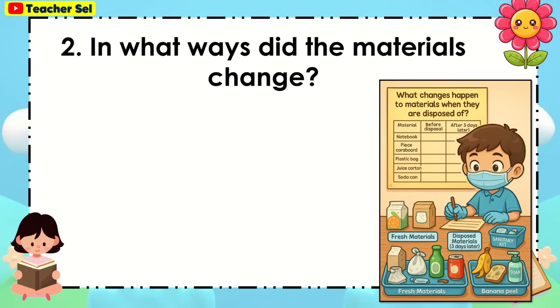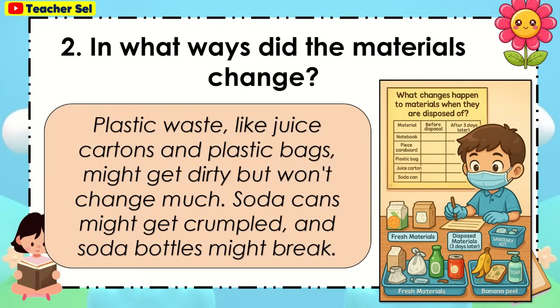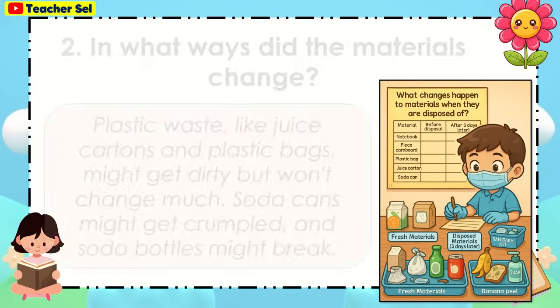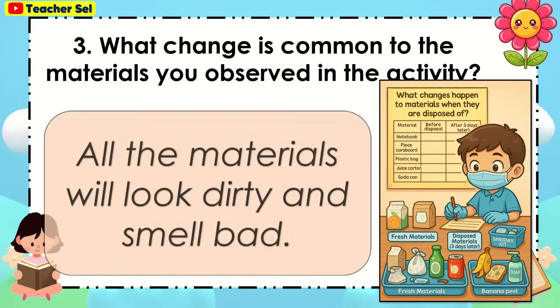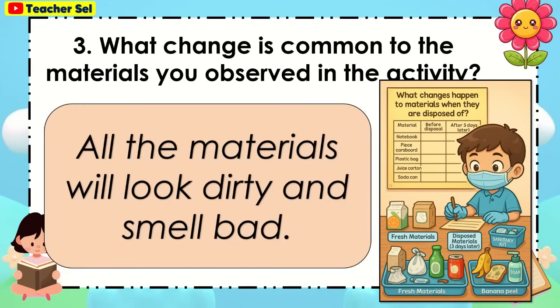In what ways did the materials change? Plastic waste like juice cartons and plastic bags might get dirty but won't change much. Soda cans might get crumpled and glass bottles might break. What change is common to the materials you observed in the activity?